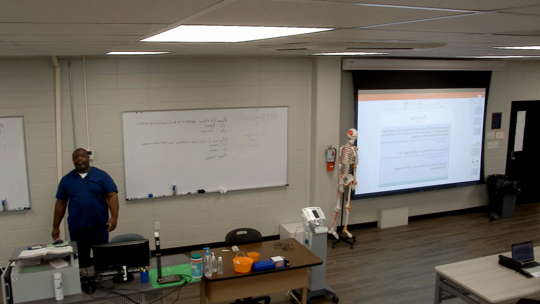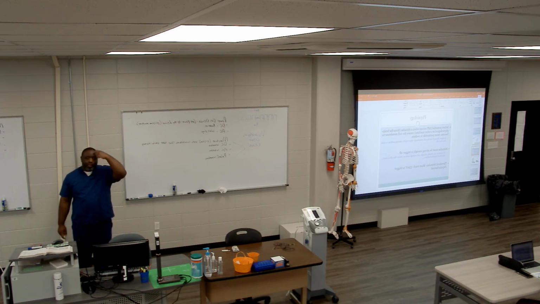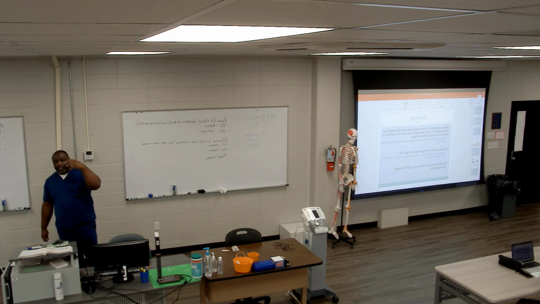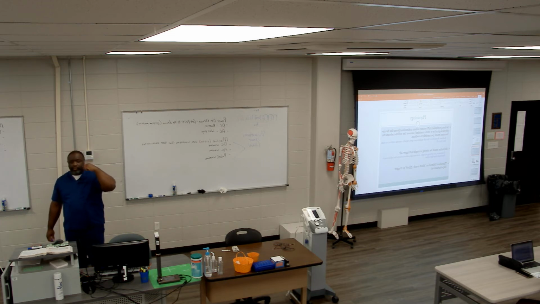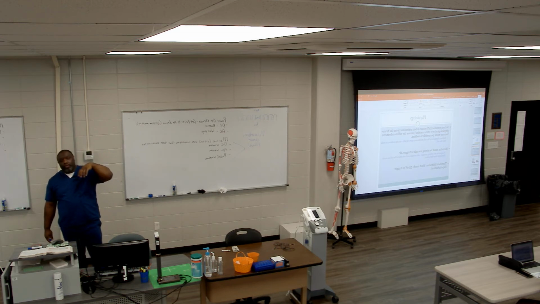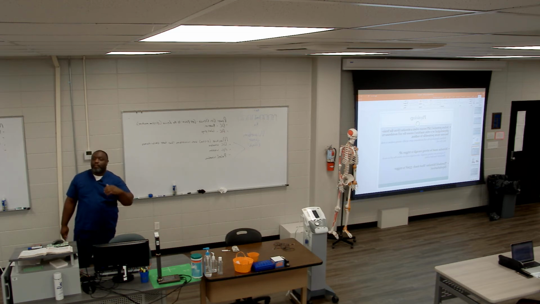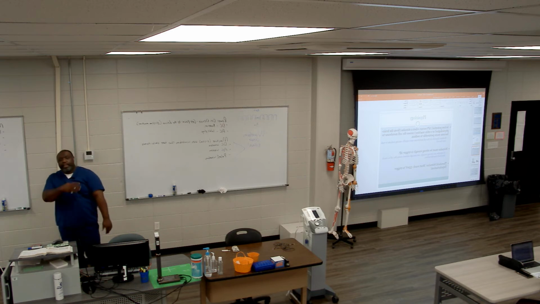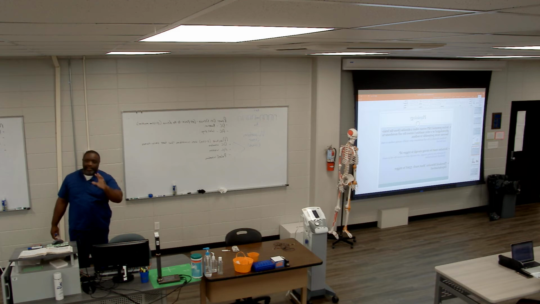So if I am trying to lift my arm up to reach something in the cabinet, my brain communicates through an electrical signal from my brain to my spinal cord and then into my peripheral nerve that innervates my anterior deltoid and my scapular muscles that support it.